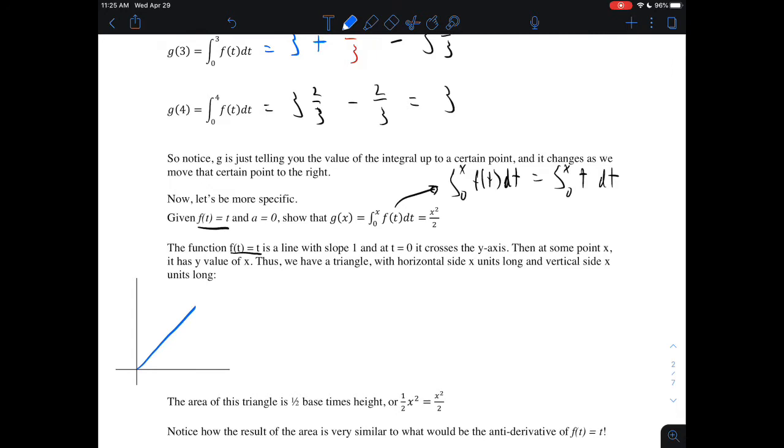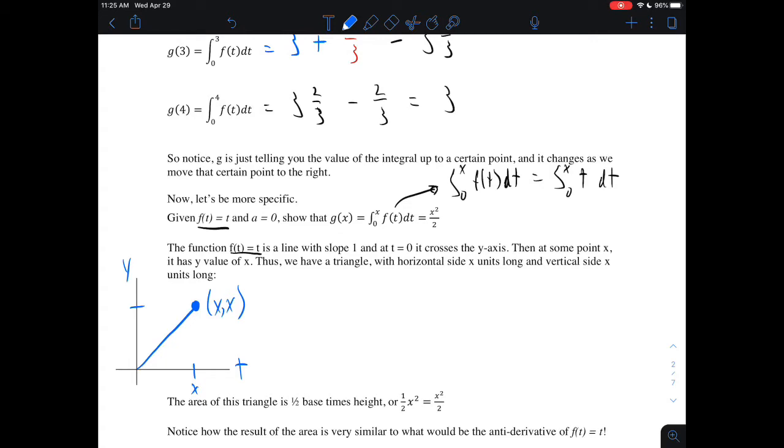Then at some point x, the y value is the same. If I move any units along the x-axis, the function f of t equal to t just takes me back to the same value. In fact, the horizontal axis is the t-axis. So this coordinate right here would just be x comma x.